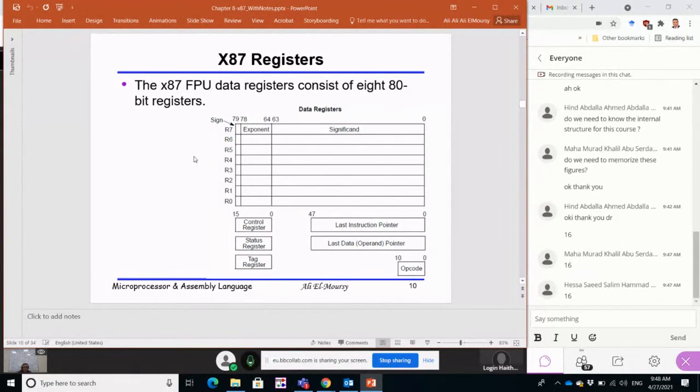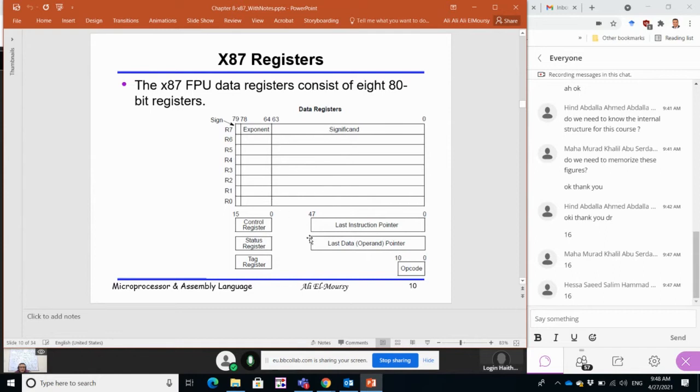What kind of floating point representation they have, we will see at the end of the slides, inshallah. But before we go into the floating point representations used here, we want to shed some light on other critical registers inside the machine. Which are? The control register, status register, tag register, last instruction pointer, and last data pointer.